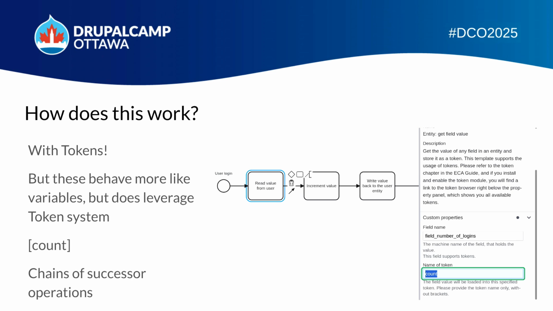So we take values, and we can have actions that get information from Drupal or load entities. In this case, we're looking at this field value and storing it as a token, and within this ECA rule, that token is locally bound to this event, and it's going to be available to all the other actions that are coming up.